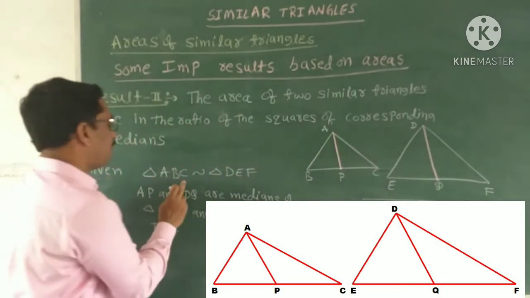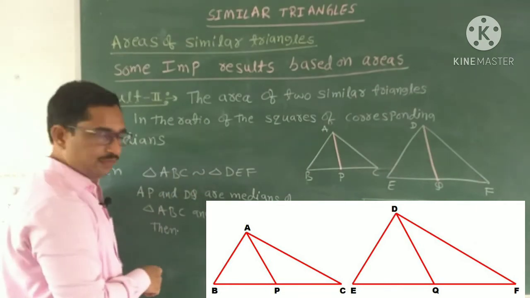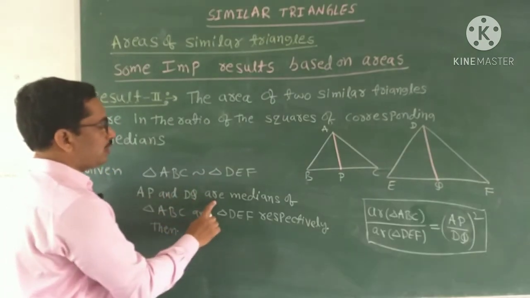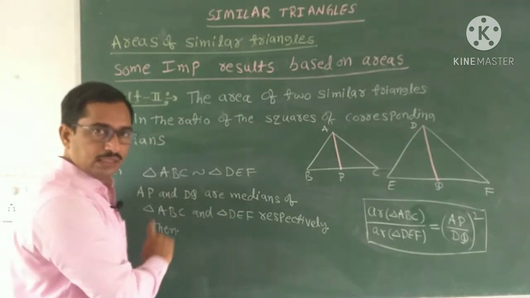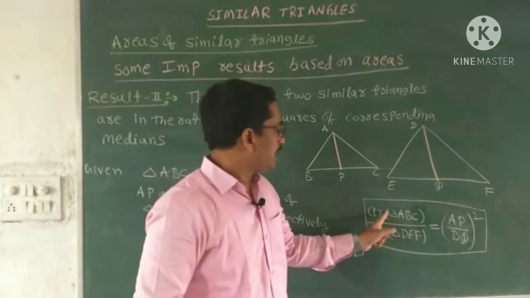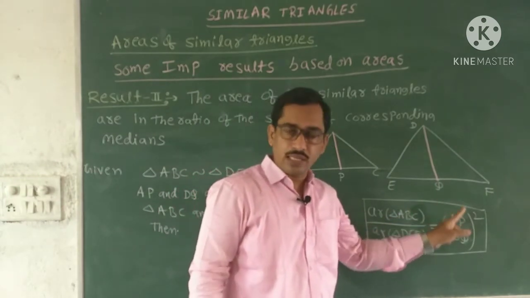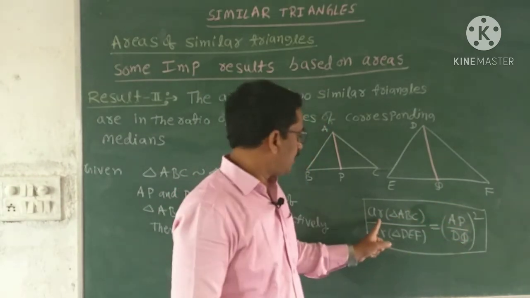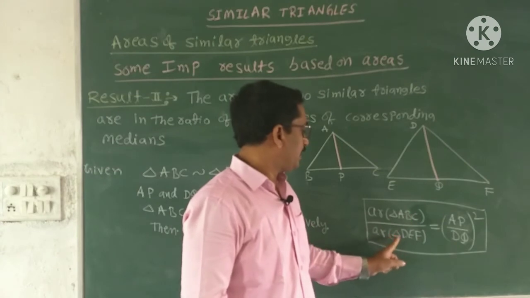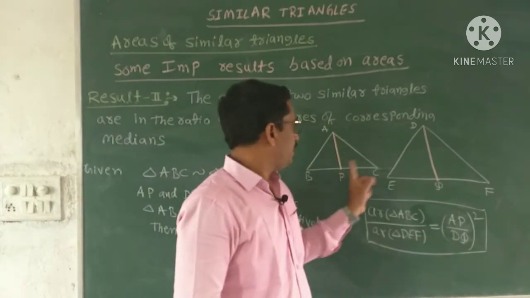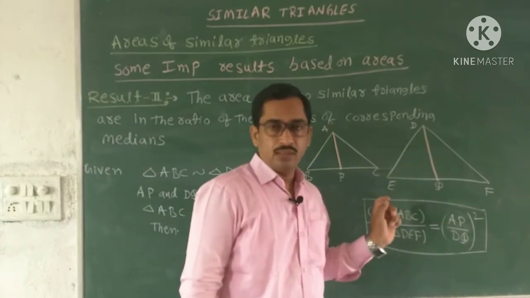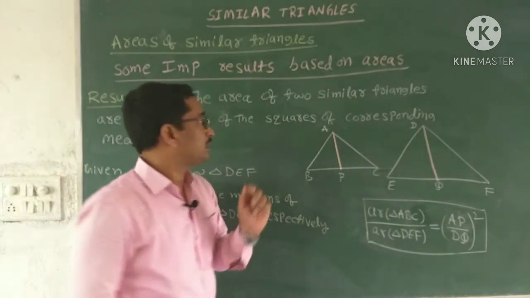Triangle ABC is similar to triangle DEF, and AP and DQ are the medians of triangle ABC and triangle DEF respectively. Then the ratio of their areas is equal to the ratio of the squares of their medians. That is, area of triangle ABC by area of triangle DEF equals AP by DQ whole square. This is the second important result.